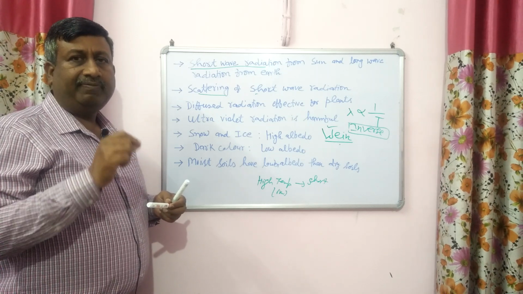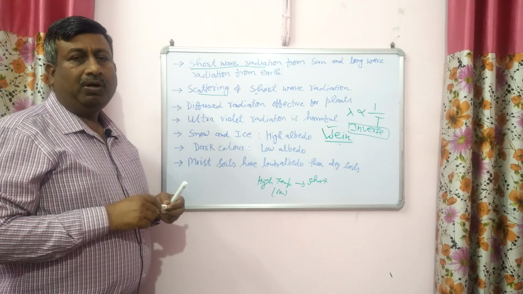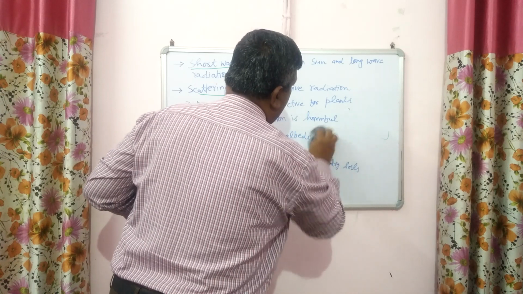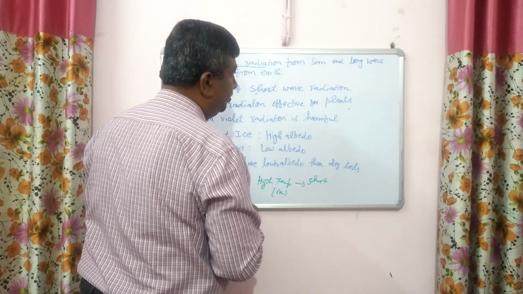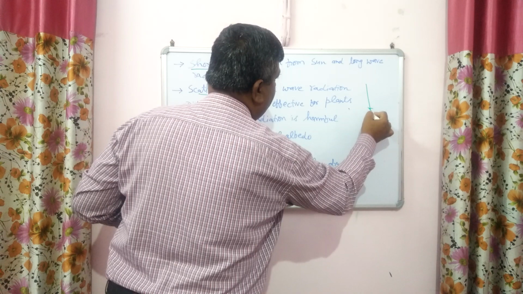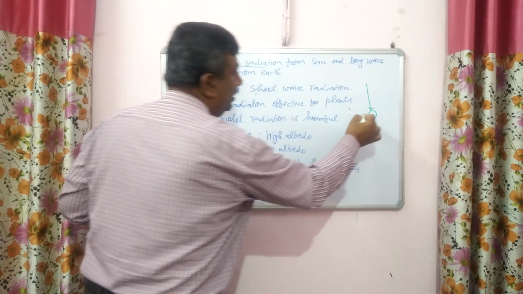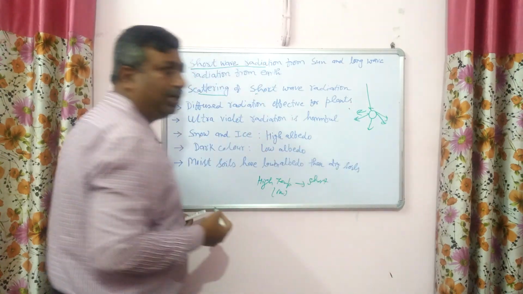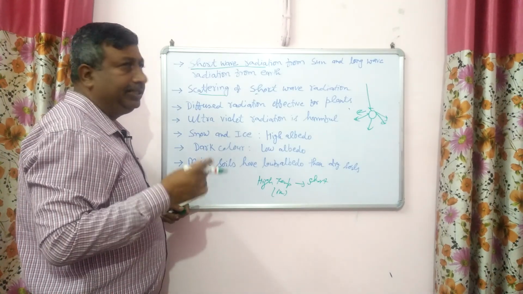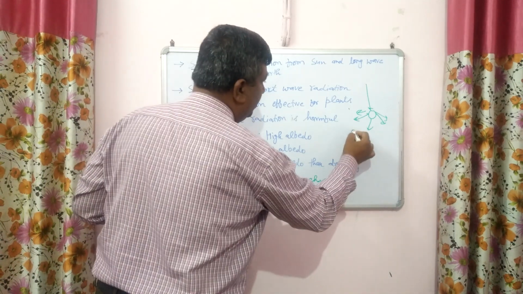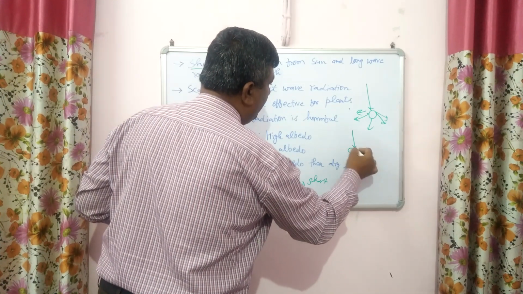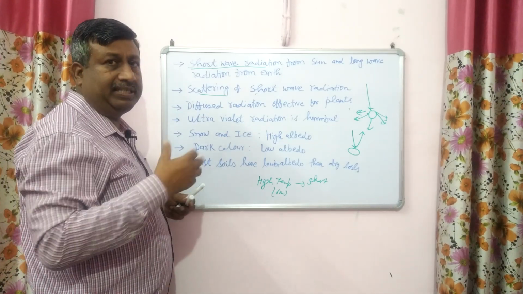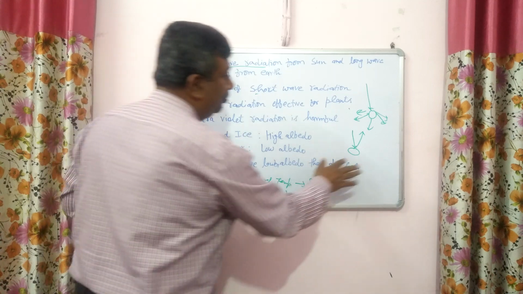In the case of scattering, when the radiation hits a particle, it moves in all directions, and this scattering is more common in short wave radiation. Suppose this is the radiation and it hits a dust particle, then the radiation moves in all directions. That is known as scattering, and it is different from reflection. In the case of reflection, the radiation hits the particle and goes back in the direction it came from. This is the difference between scattering and reflection.